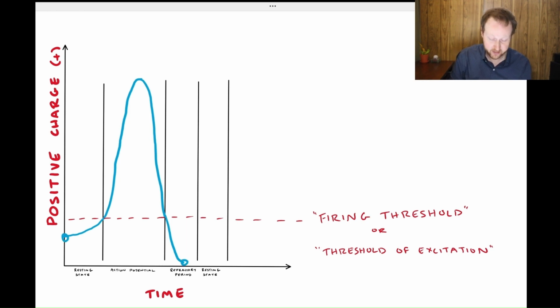So during this phase, which we call the refractory period, we'd say the neuron is hyperpolarized. The inside of the cell is really negatively charged compared to outside of the cell. It would be impossible for the neuron to fire an action potential while so negatively charged during this refractory period. Over time, however, the positive charge will creep back up to where it was at the very beginning. And this neuron has re-entered its resting state.